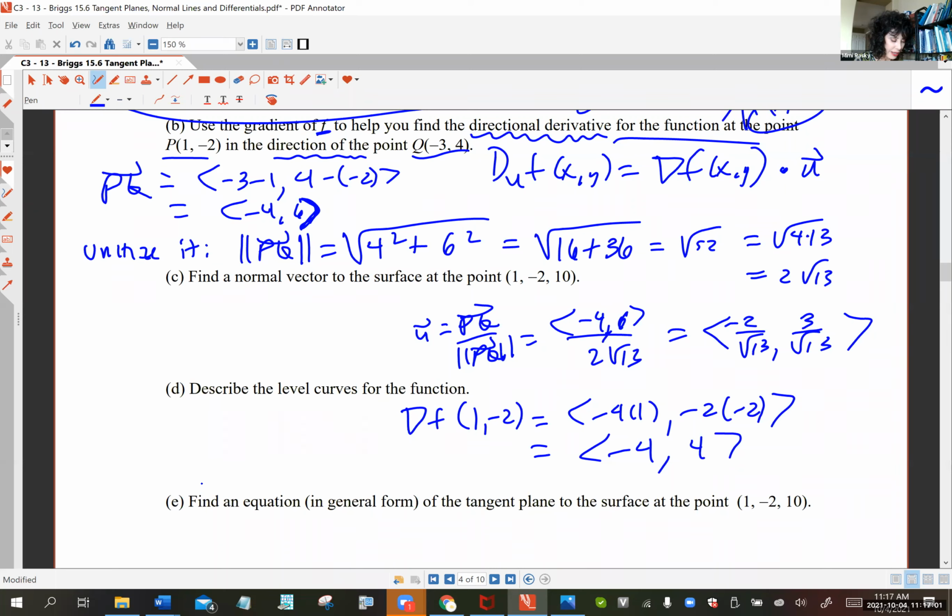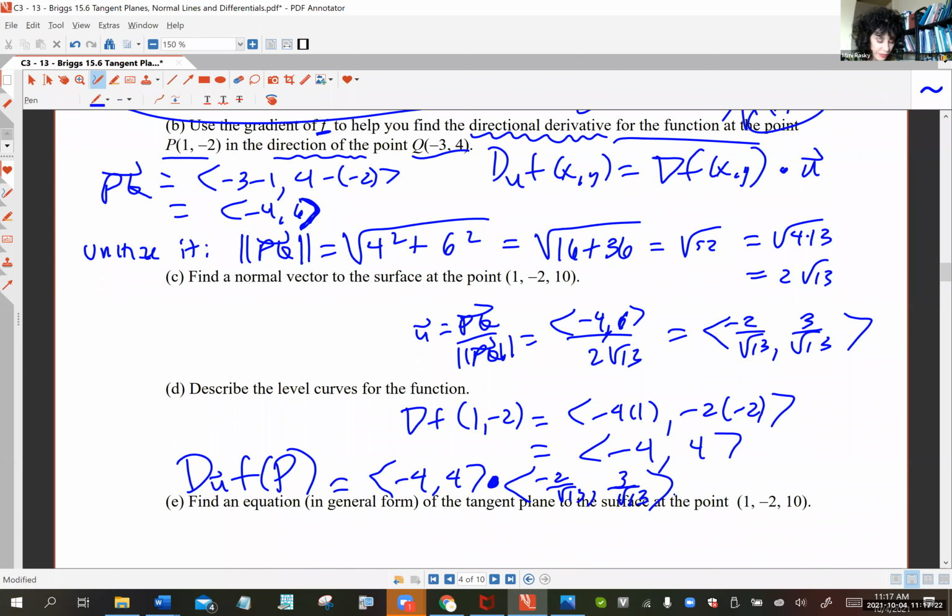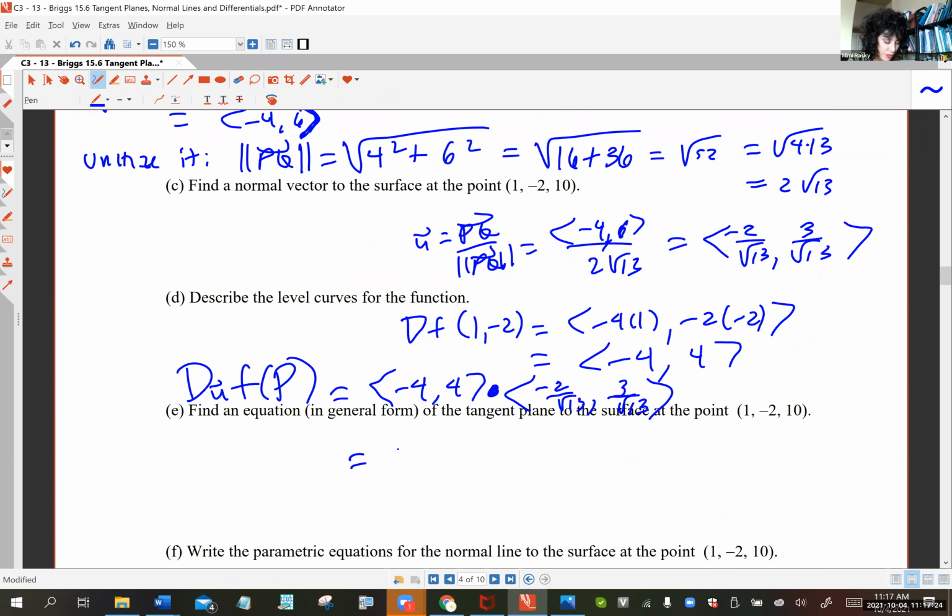Okay, so now, oh boy, I did not leave myself any room. The directional derivative at the point P, so I'm going to just say f of P, is going to be the gradient -4, 4 dot product with the little unit vector pointing in the direction that we want to get this directional derivative. It's a slope. So now when I do the dot product, do the arithmetic here.